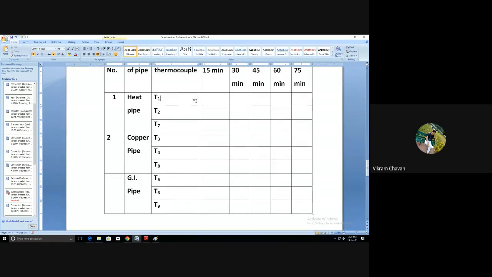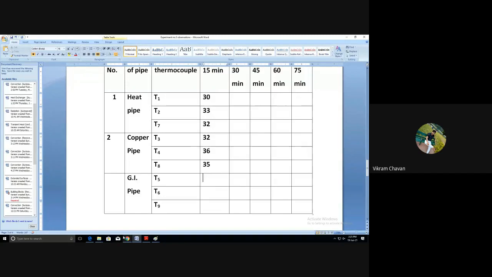Okay, let us say we are getting a temperature of 30 degrees Celsius over here for the heat pipe, T2 as 33 degrees Celsius, and T7 as 32 degrees Celsius. In this case we get a temperature of 32 for the bottom side and 36 at the top side and 35 for the water.